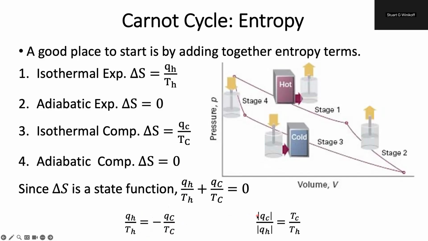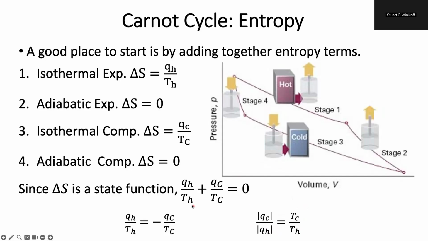Now, when we do this, there's a very important thing that ends up happening. We want to go ahead and ignore the sign. So we're going to just look at the magnitude of the ratio of the cold heat and the hot heat, and that will be the same as the magnitude of the ratio of the two temperatures. So that means that I can replace any ratio of heat with the ratio of temp. And that's going to come in handy in just a second.